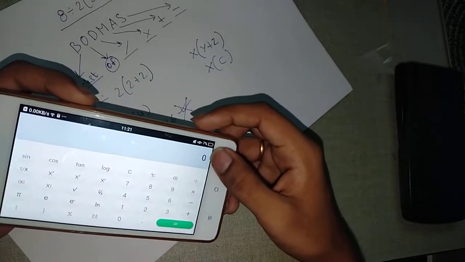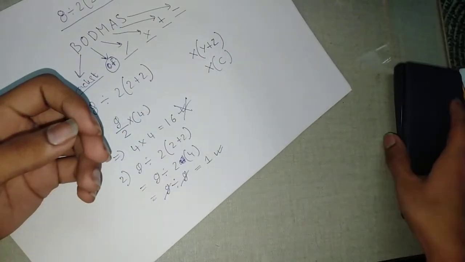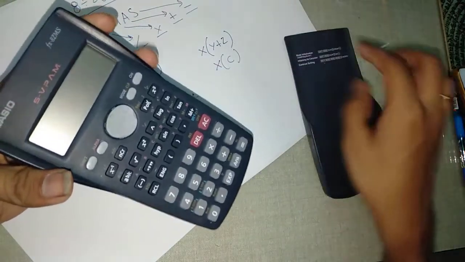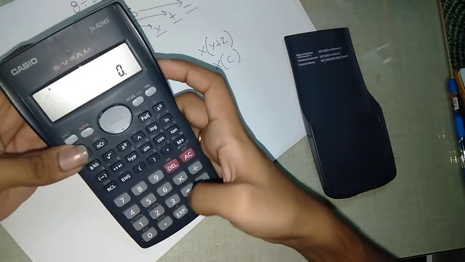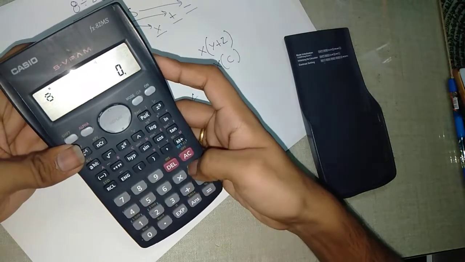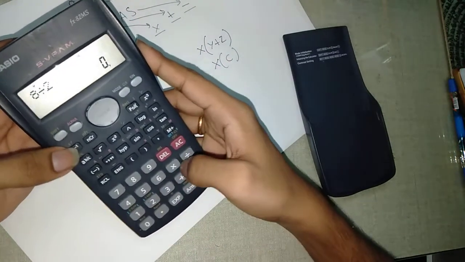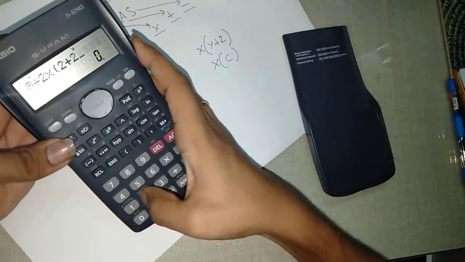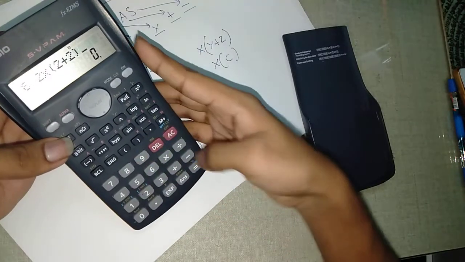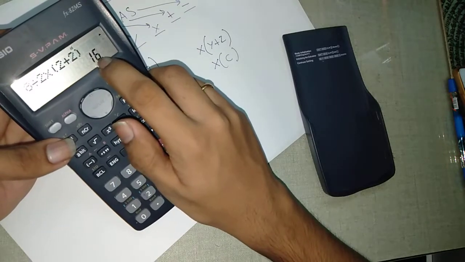But if you use an authentic calculator like this one, the Casio, there you can see that if you use 8 divided by 2 and then you specify into, and then you give the bracket 2 plus 2, and then you close the bracket, the answer is coming 16.